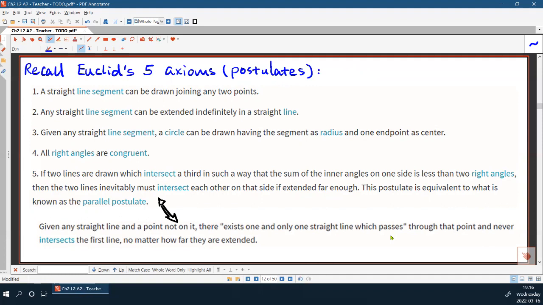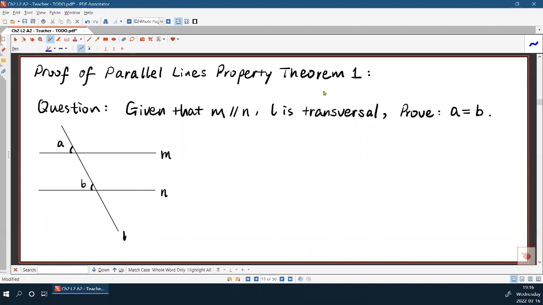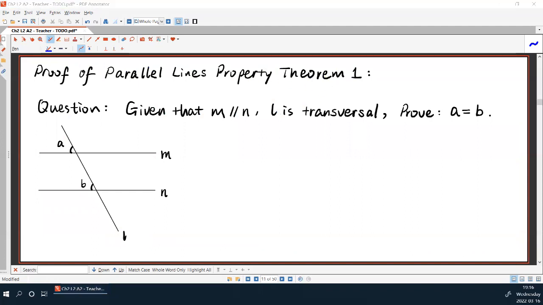We can only start from these 5 axioms or postulates. We haven't proved any theorems yet, right? So these are the only axioms we can use to prove property theorem 1. Okay, so how can we prove this?